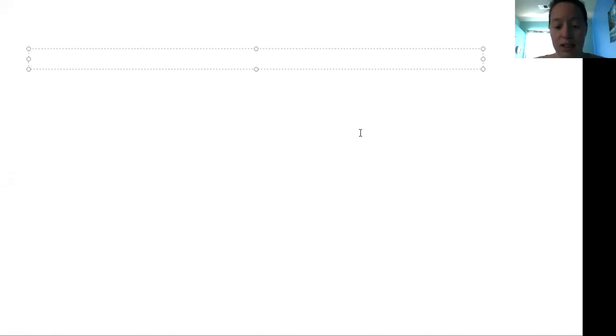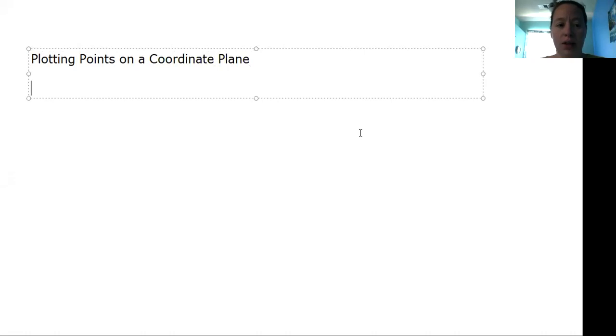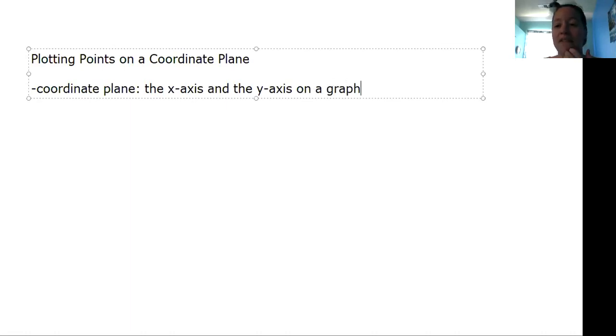Today's math review lesson is going to be on plotting points on a coordinate plane. Okay, so first off, a coordinate plane is the x-axis and the y-axis on a graph.